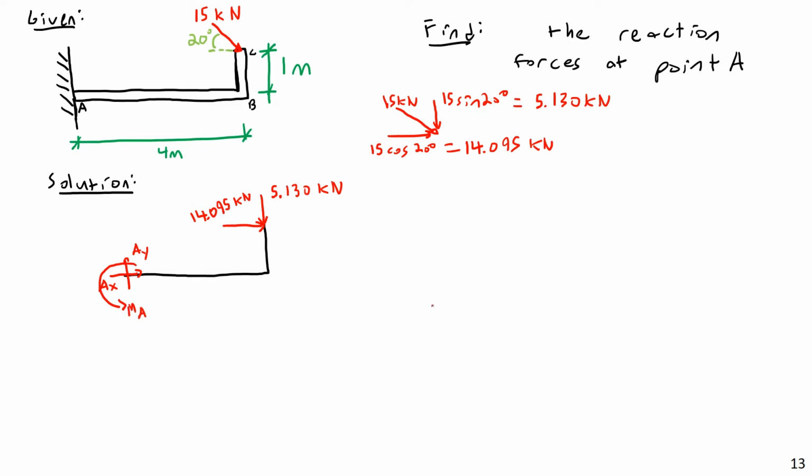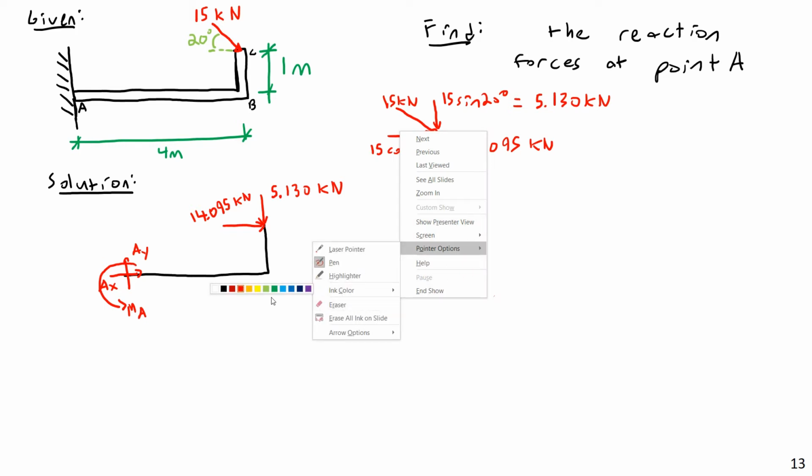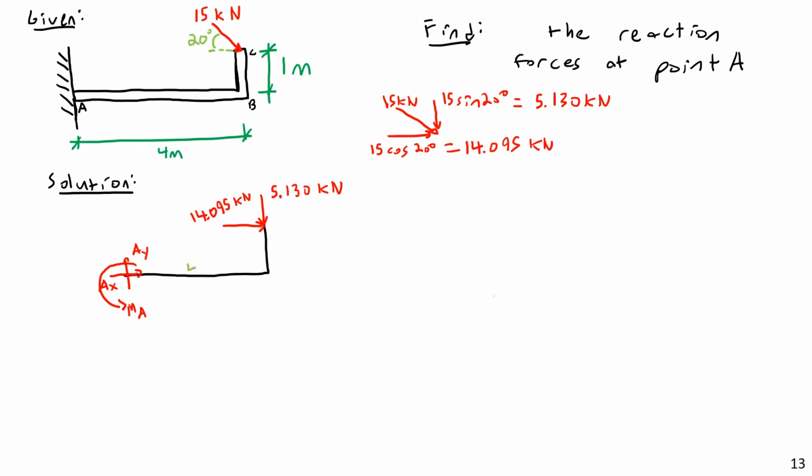Okay, so this one's actually going to be fairly straightforward, especially once we have our dimensions written down. Let's do that properly. Let's see, this will be 4 meters in the X and 1 meter in the Y. Okay, so first of all, summation of forces in the X direction.